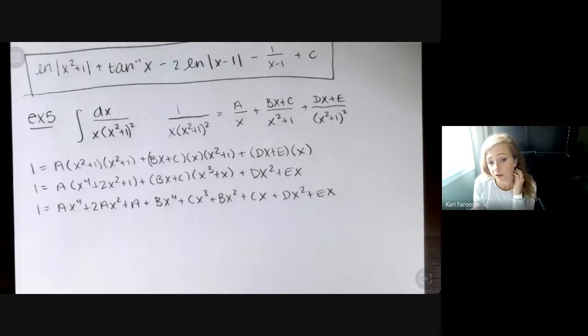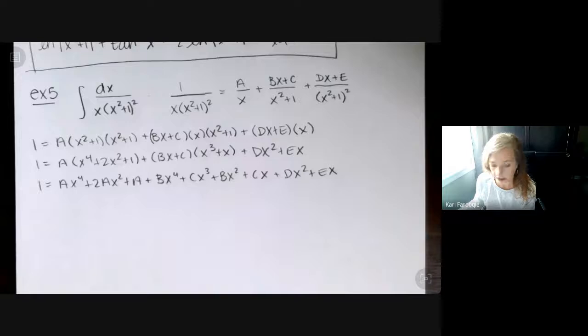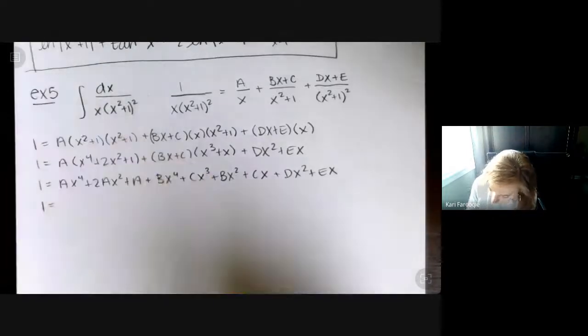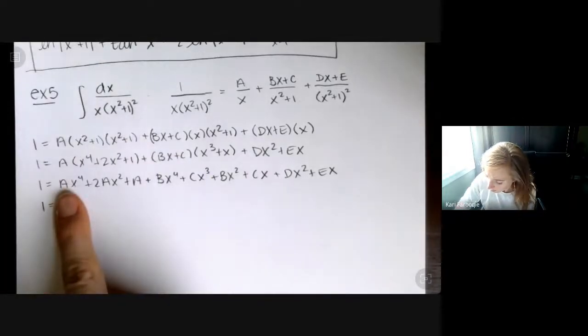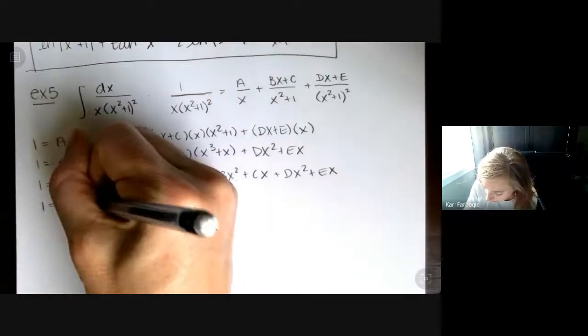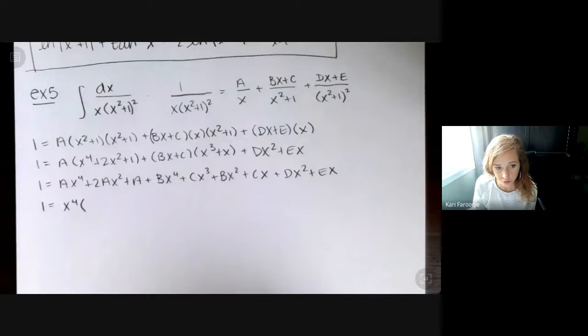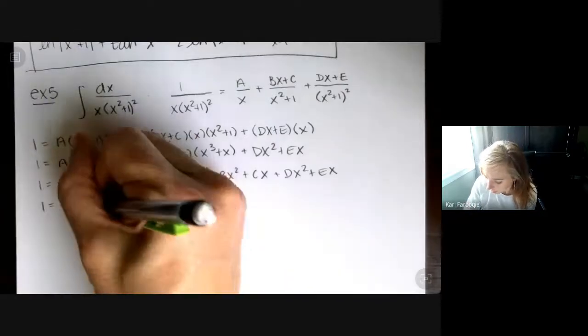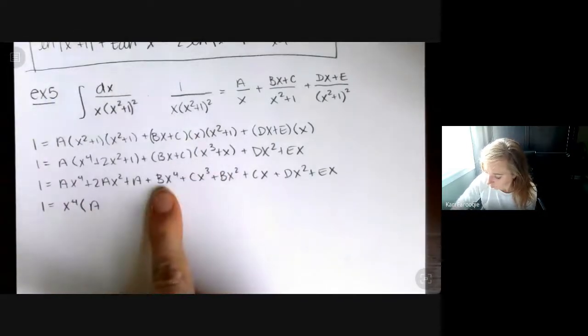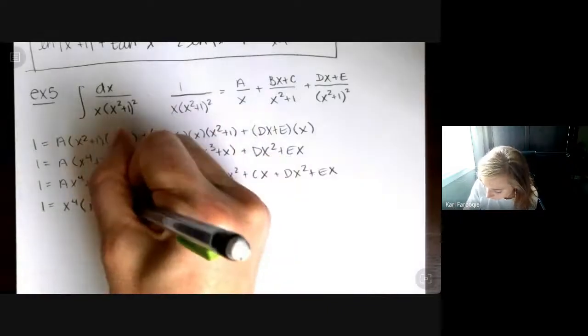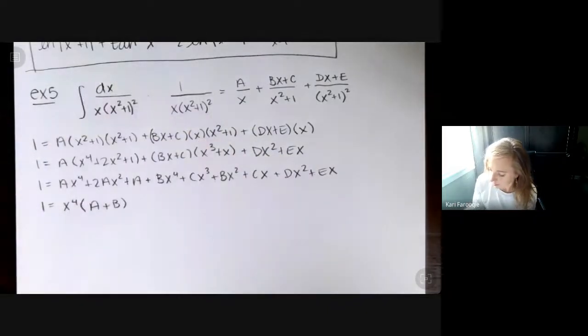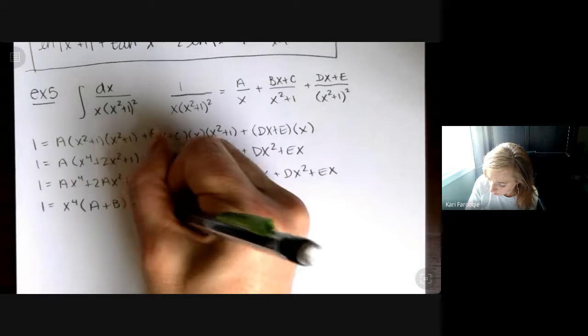And now you're ready to group these according to their powers of x. So I have x to the fourth as my largest one. Like I said, trying to be very methodical about this, I'm going to gather all the x to the fourths first. I have a, and I have plus b. Now I'm going to look at my x cubes.